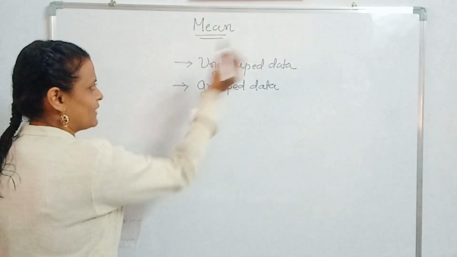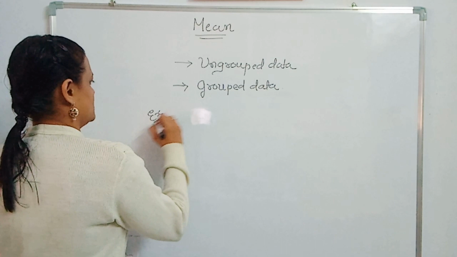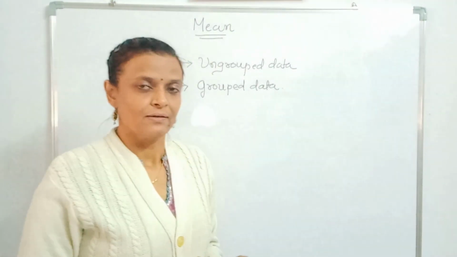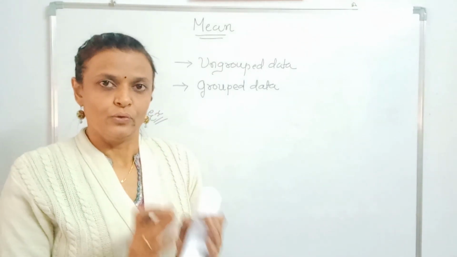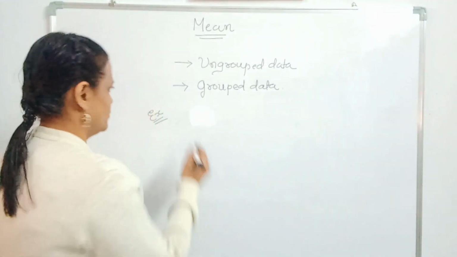So first of all, I will take the example of ungrouped data. Let me take the example of a batsman who has scored runs in the last 5 matches.